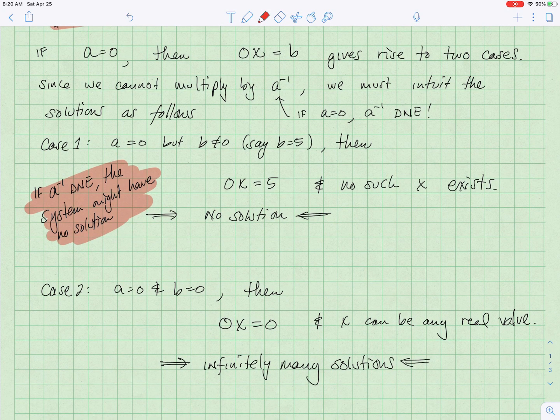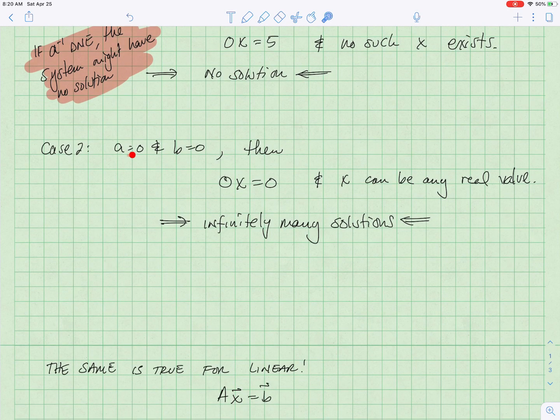The other possibility is that both A and b equal 0, and then you get the following equation, which is a little bit different than this one up above. Down here we see 0x = 0, and now we know that for any number x, it will be true that 0 times that number is equal to 0, and x can be any real value, and now we have infinitely many solutions.